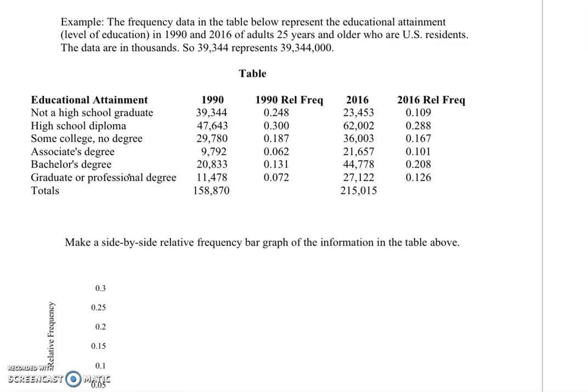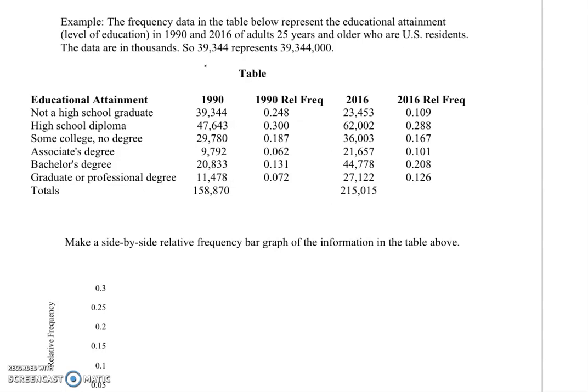So here we have the frequency data representing educational attainment, in other words, the education level, in 1990 and 2016 of adults 25 years and older who are U.S. residents. The data are in thousands, so 39,344.